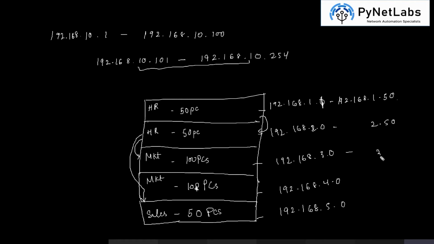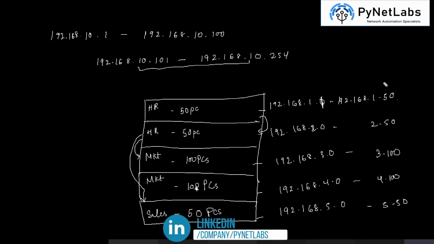Here 3.100, then here also we have 4.100, and at last 5.50. Though it satisfies the requirement, there is a huge wastage of IP addresses. Now, why do we have to avoid wasting IP addresses? The first question which comes to my mind.